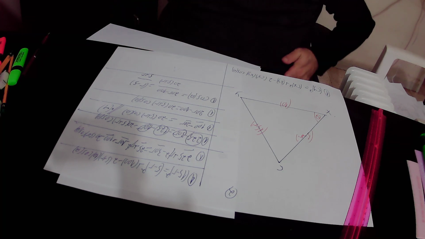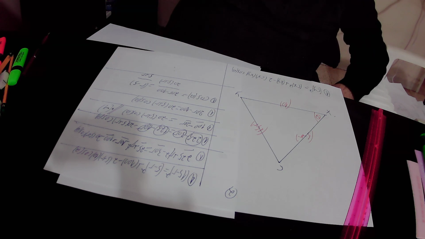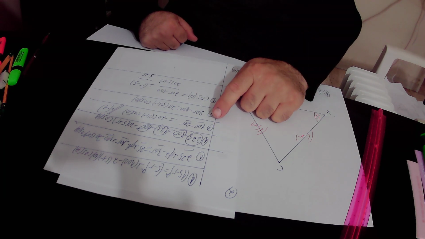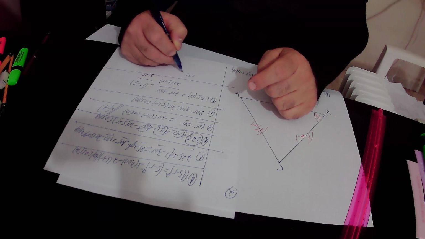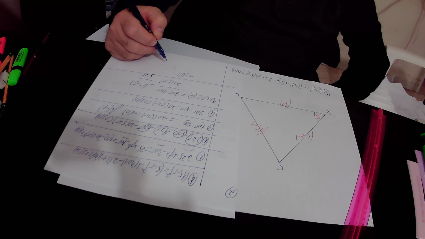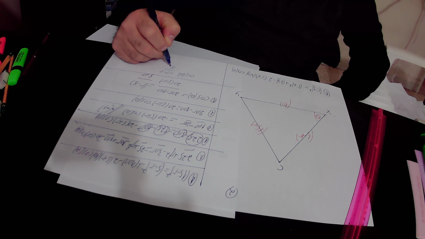So according to equation number 1, we found out that cosine theta is equal to (r minus 5) over (5 plus r).